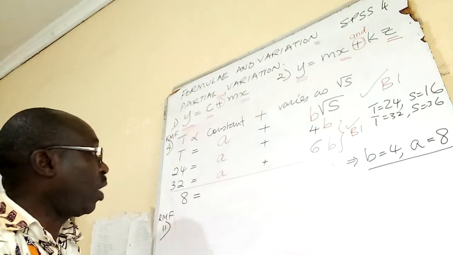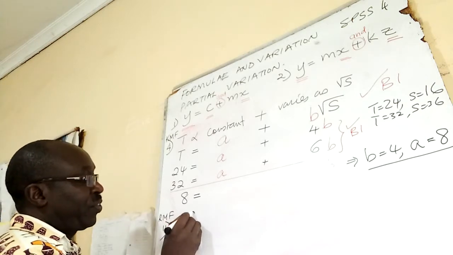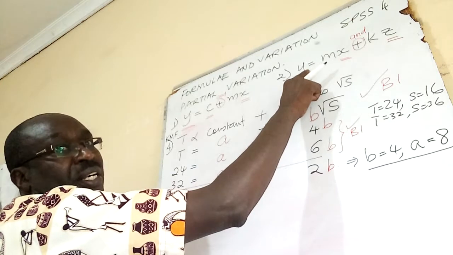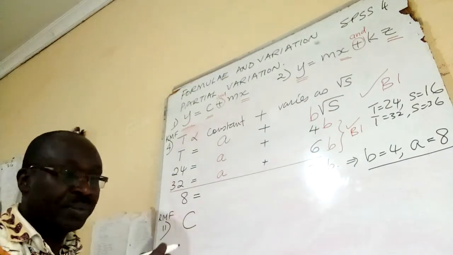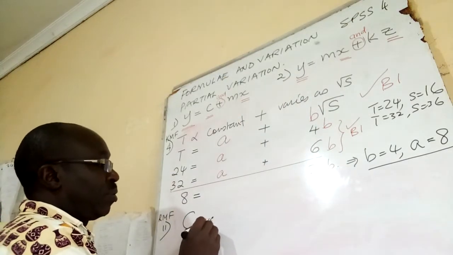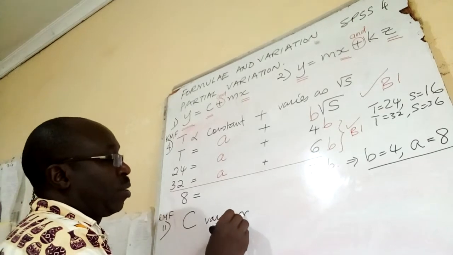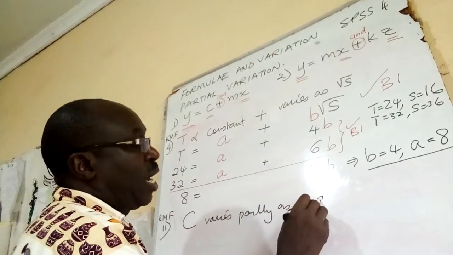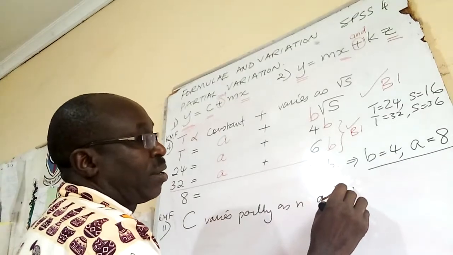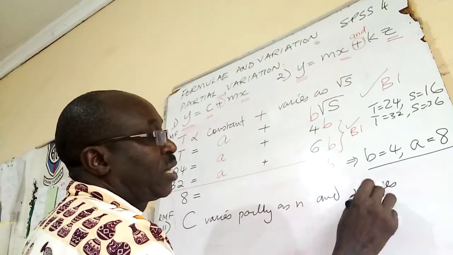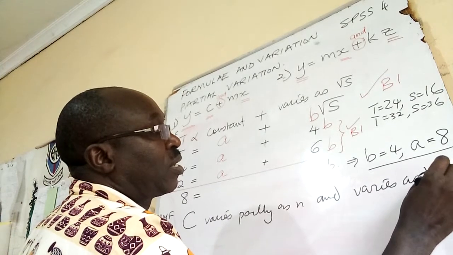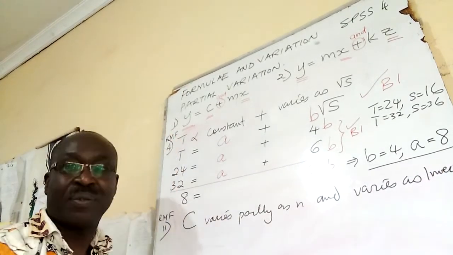Okay, so I write here C, now it takes this form. C varies partly as n and varies as inverse of n.